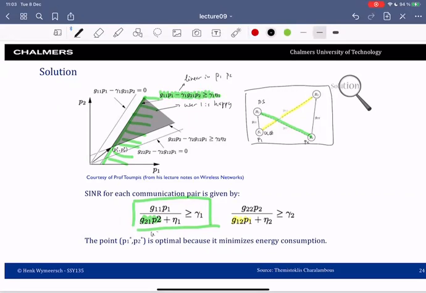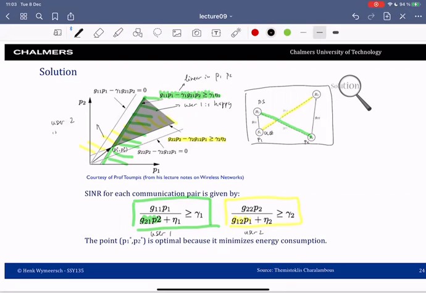So this is user 1, this is for user 2. For user 2, you have this expression, so user 2 needs this to be satisfied. Let me again try to write this in a color. Here, I can rewrite this expression with this equation. That's exactly the same expression, which is now linear in P1 and P2. And this tells me that user 2 is happy only in this region.